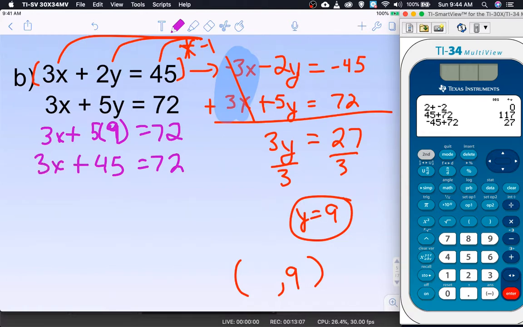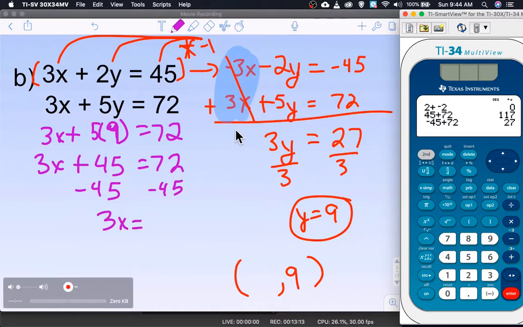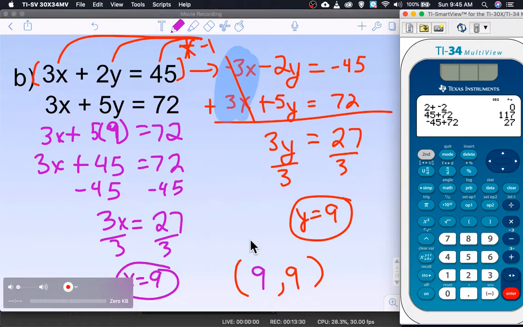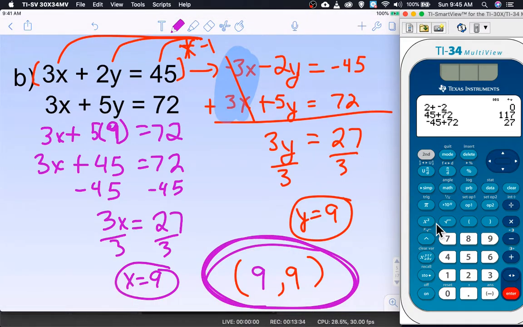And I solve. I'm going to subtract 45 on both sides. 3x equals, that should be 27, because that's the same math I just did here. 72 minus 45. And then divide by 3 on both sides. And x equals 9. So I found the solution is the point 9, 9.